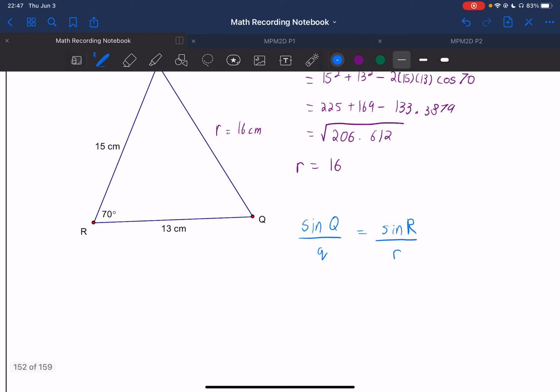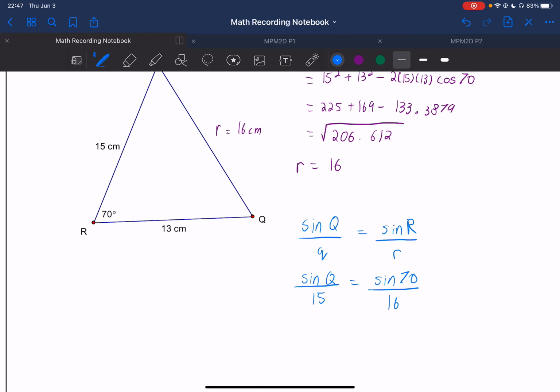So that's my setup for the sine law. Right now I'm going to input what we know. We don't know what the angle q is, but we do know that side q is 15. We know that r is 70. That's our angle. And then over side r is 16.